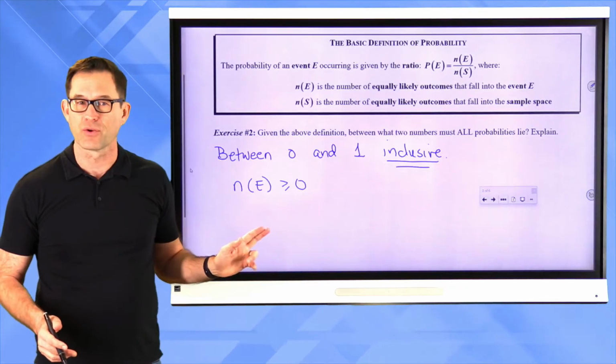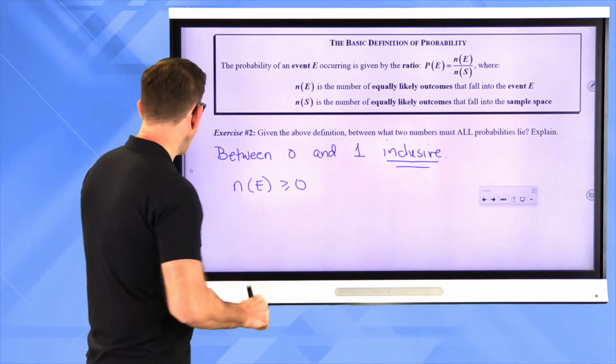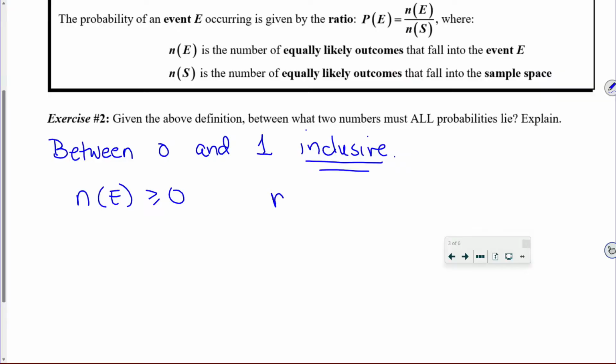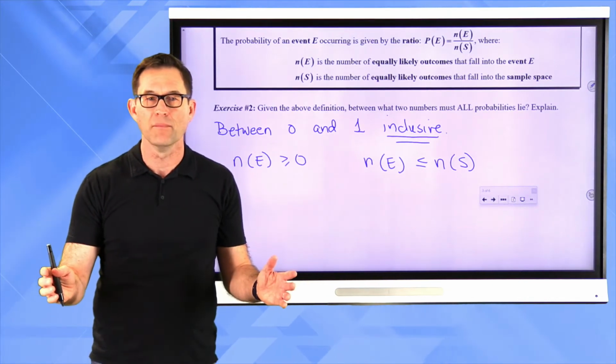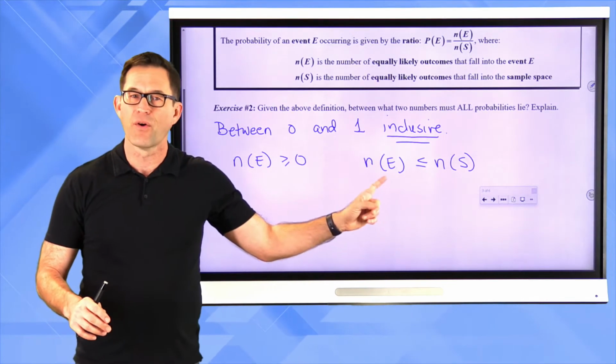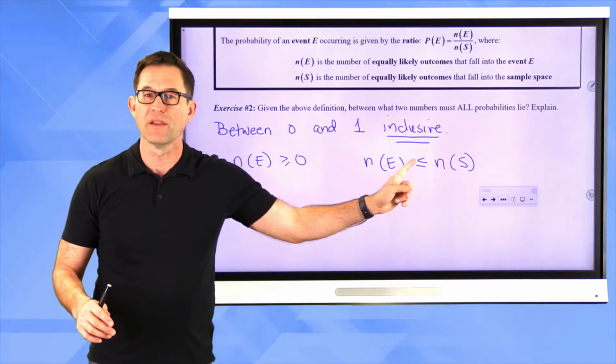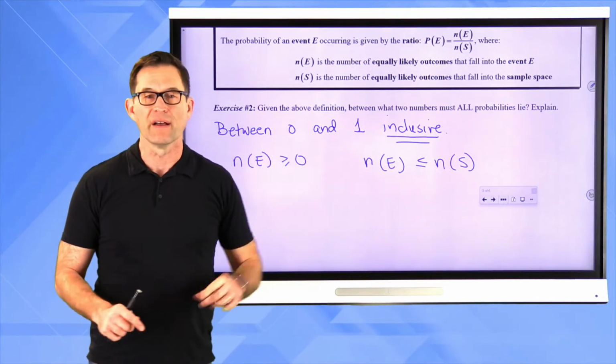So this is definitely true. But the other thing that's definitely true is that the number of equally likely outcomes in our given event must be less than or equal to the number that fall into the entire sample space. And that should make sense, right? Because the sample space includes all the outcomes, so the number of outcomes that fall into the event that we care about must be less than or equal to N of S.